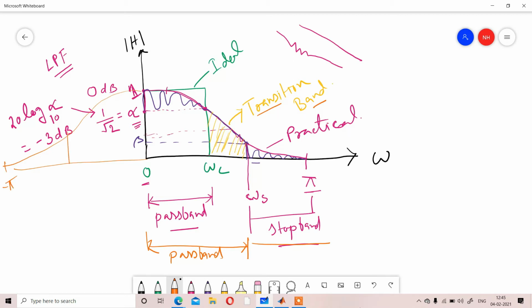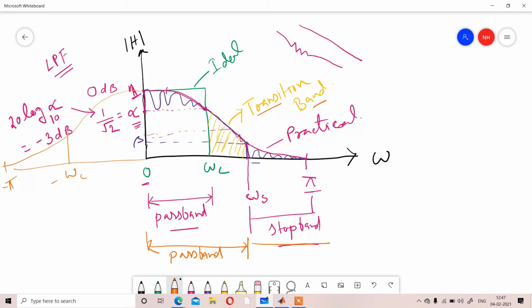স্যার তাহলে কাট অফ ফ্রিকোয়েন্সি কি দুটো হবে, ওমেগা সি আর মাইনাস ওমেগা সি? অবভিয়াসলি পজিটিভের জন্য ওমেগা সি, নেগেটিভের জন্য মাইনাস ওমেগা সি. If we consider the system is causal, keep in mind, then what is happening? The range we are getting is always 0 to positive, 0 to infinite range, and the maximum operation we are doing is over the causal system, so we don't need to consider the negative part, right? We will consider only the positive part.